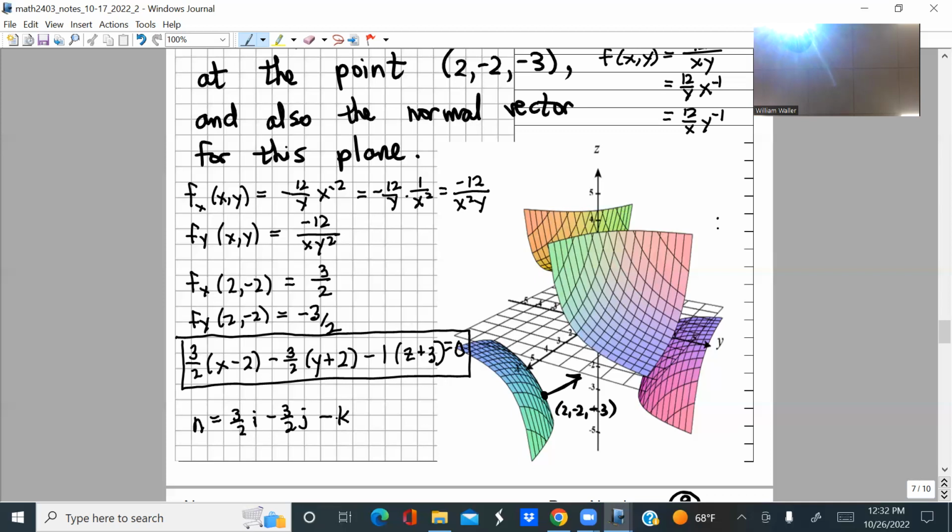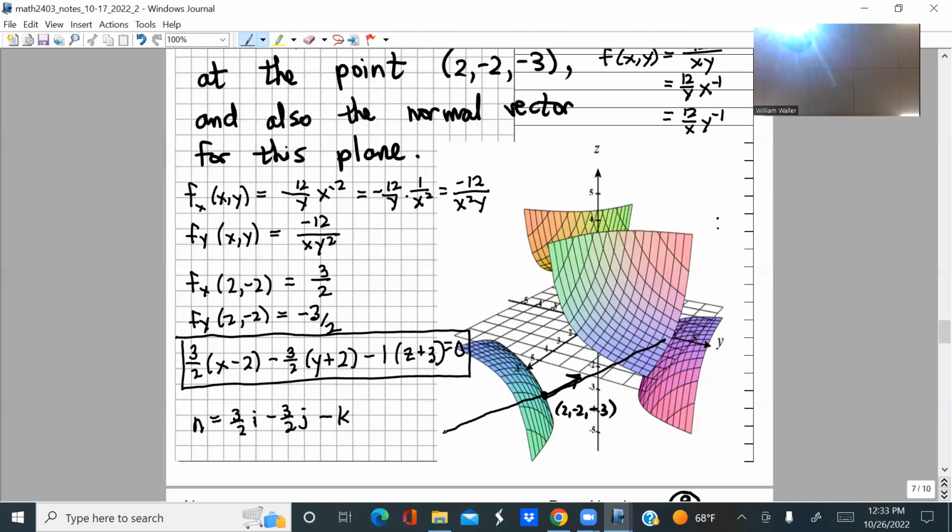Now, how can you turn that into the formula for a line? Suppose you didn't want this vector, but you wanted the formula for the full line that is perpendicular to this surface right here. Let's write down the parametric equations for this line in 3 dimensions.